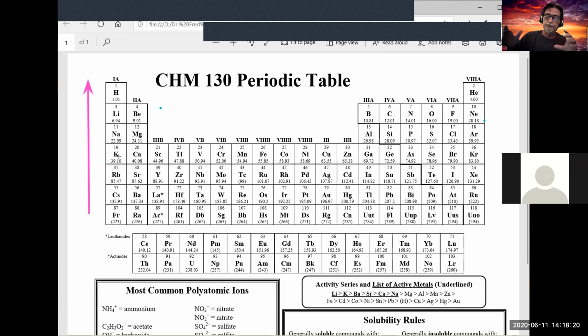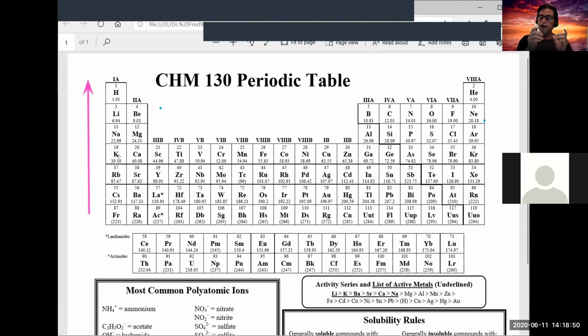And so potassium's electron is further away. Its interaction with the nucleus is much less, simply because it's further away than lithium. And so potassium doesn't hold on to that electron as tightly as lithium does, because lithium's lone electron is closer in.